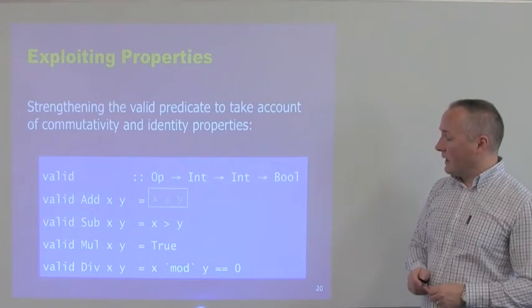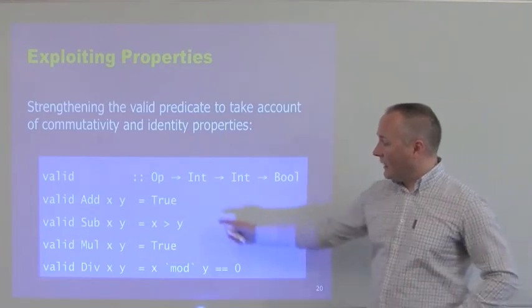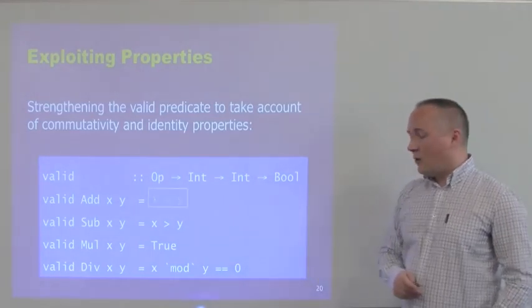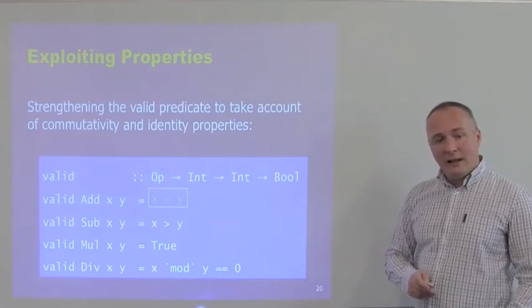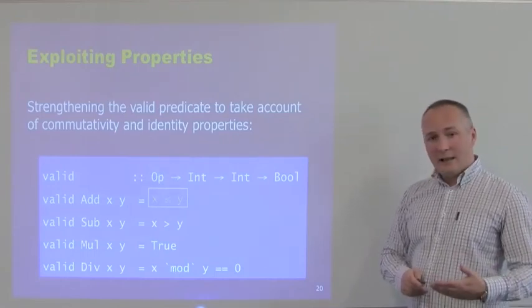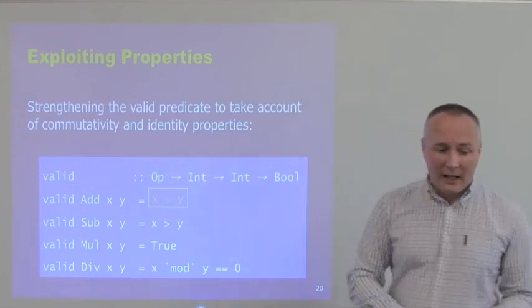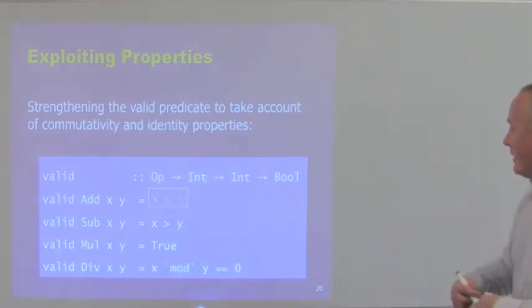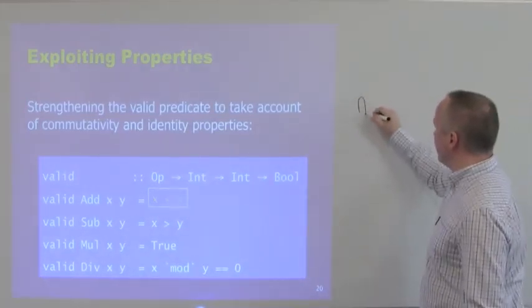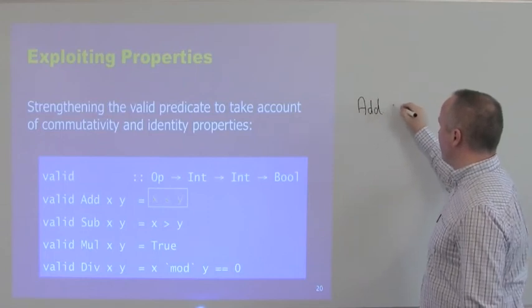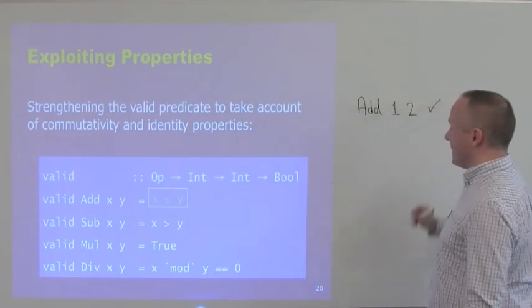So here's the first modification. Rather than saying that addition is always valid, what I'm going to say is addition is only valid if the first thing is less than or equal to the second thing. And the reason for this is I want to accept expressions like add 1, 2. That's going to be okay.